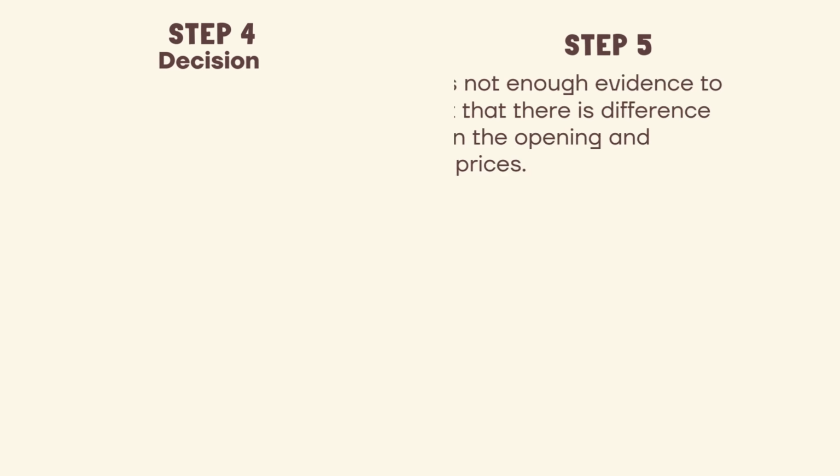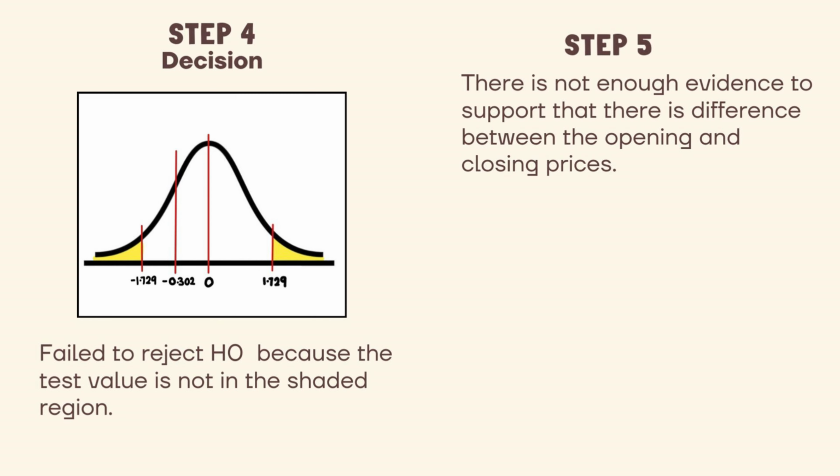For the decision, we fail to reject H null because the test value is not in the critical region, and we conclude that there is not enough evidence to support the claim that there is any difference between the opening and closing price.